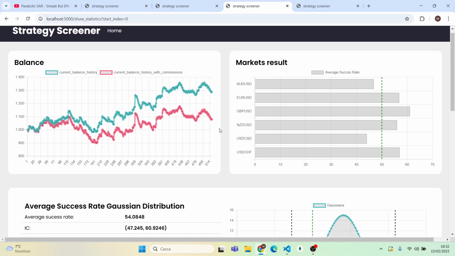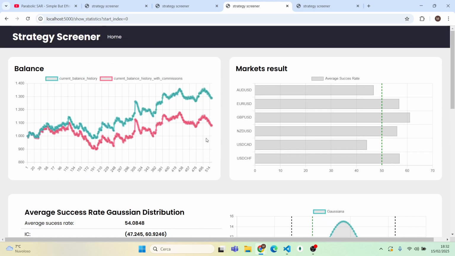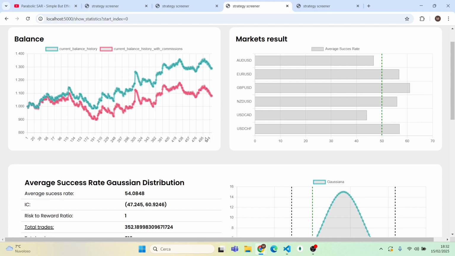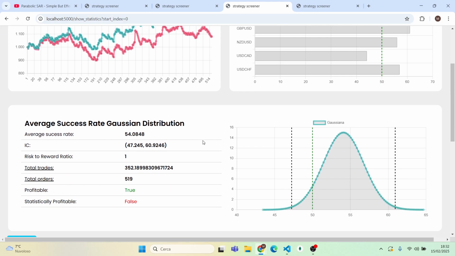I would not say that, because surely the new average success rate is higher, and we have not run it on the test dataset yet, but probably a better filter can be applied. Yeah, I think so, because losing half of the trades in order to gain only 0.5 percentage points is not such a good improvement.